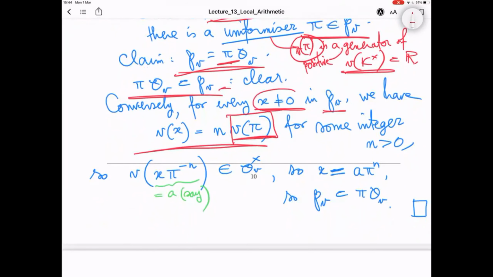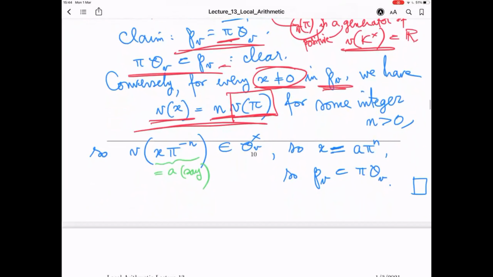So if I take a non-zero element x in P_V, then V of x is a positive multiple of V of pi, say n times V of pi. Now I look at x times pi inverse to the power n. Let's call it a. What's its valuation?